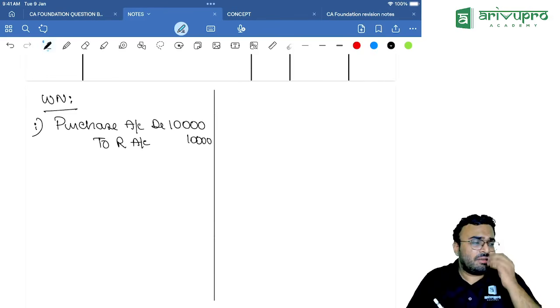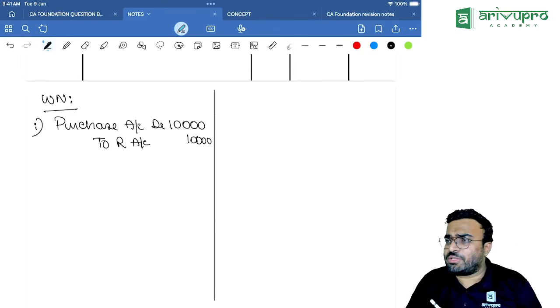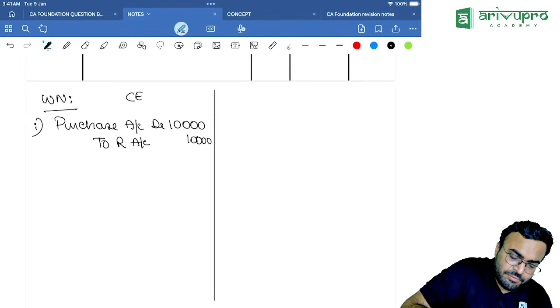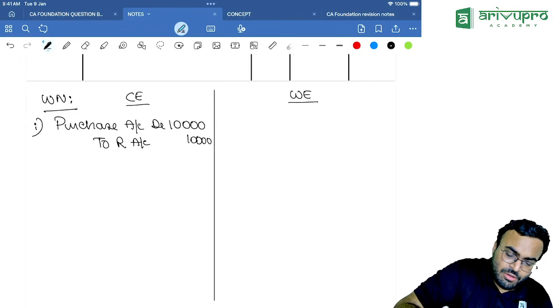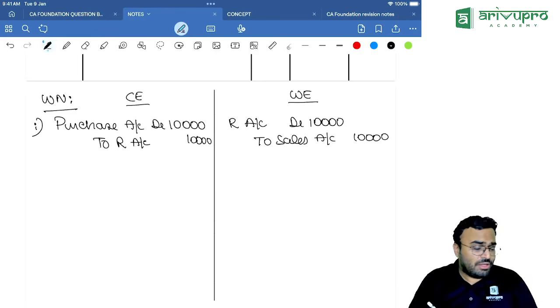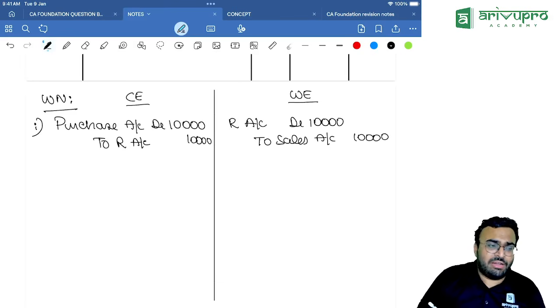Is that correct? Now, what is the wrong entry? They have written R account debited 10,000 to sales account 10,000. Is that correct?